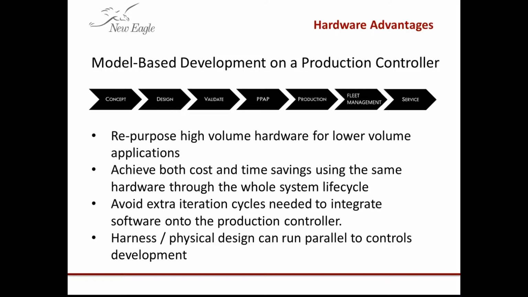And then that way you can do your harnessing and other peripheral parallel efforts for developing your system in parallel, so that way you can quickly move right into production, fleet management and service, and the other production tasks that come when you're developing and selling product or systems. So this will avoid the extra iteration cycles that you would need if you were using development hardware initially, and then you needed to change to production hardware. This removes those extra iteration cycles that are needed to integrate that hardware with your software that you've developed.